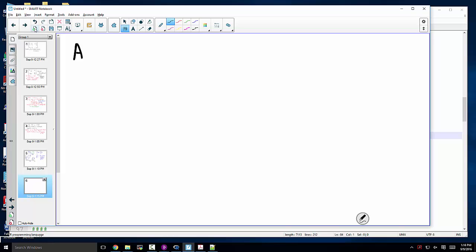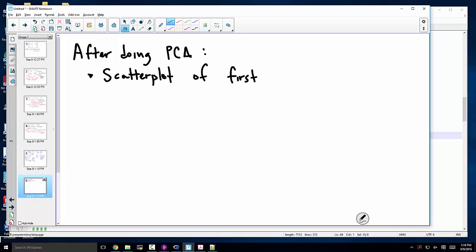So after doing principal component analysis, we can make a scatter plot of the first 2 or 3 PCs, if you're comfortable with a 3D scatter plot. What we can also do, let's say that the first principal component explains 70% of all the variation.